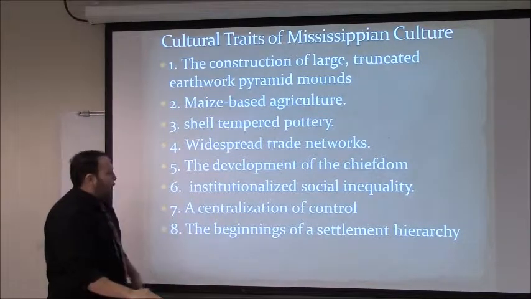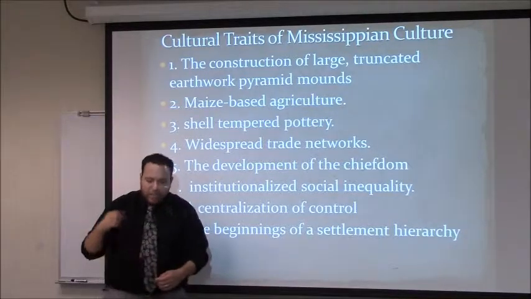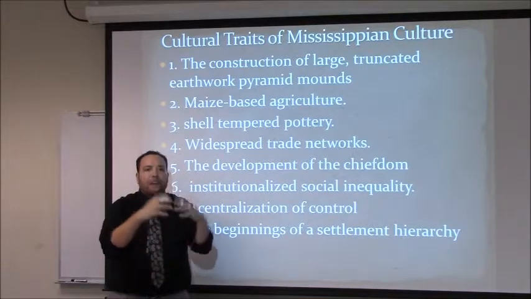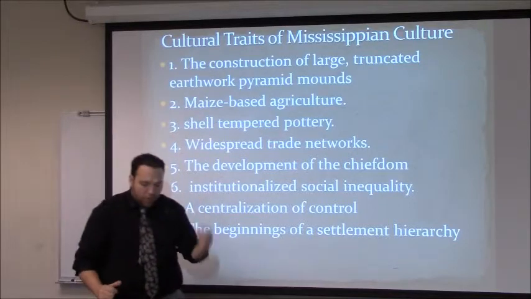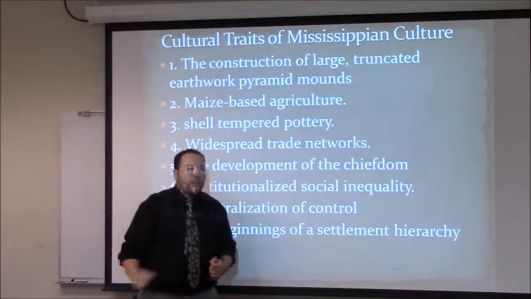And finally, we have the beginning of a settlement hierarchy, in which the major center of influence, centered around these mounds, has a central influence or control over a number of lesser communities.